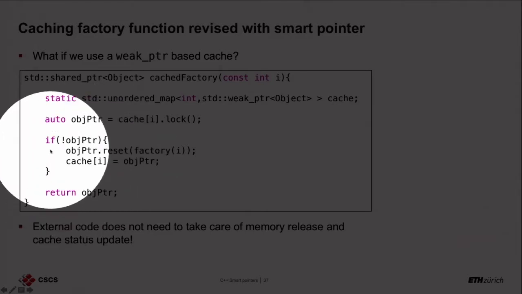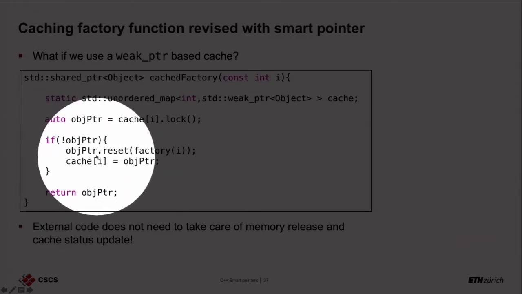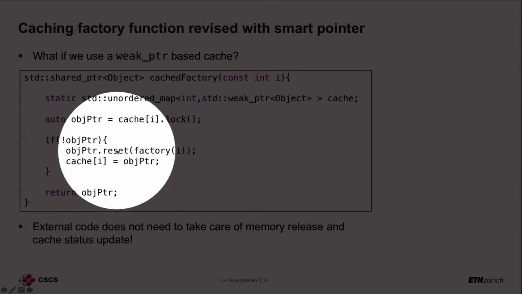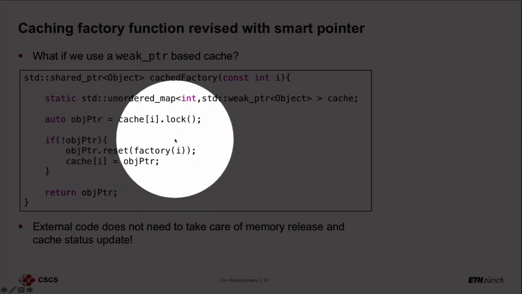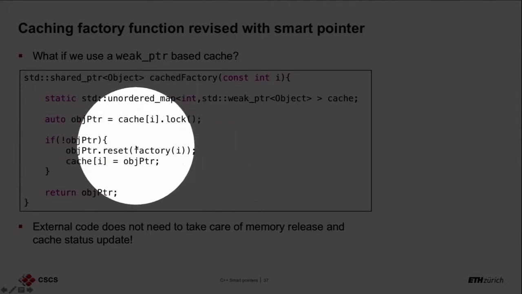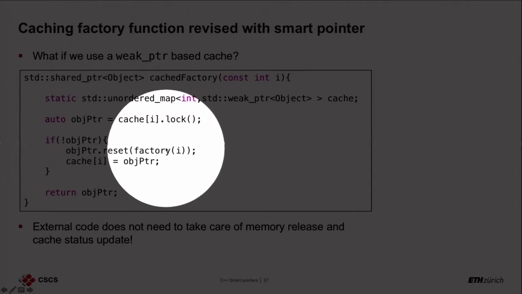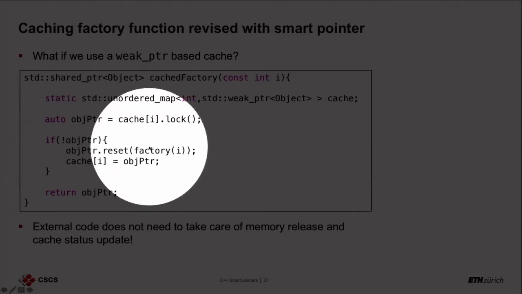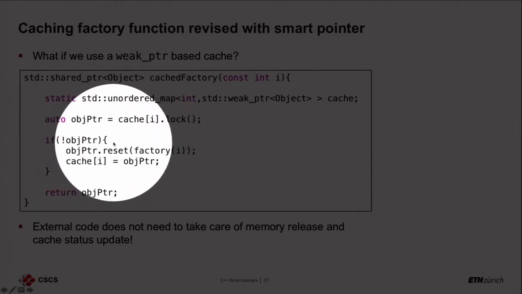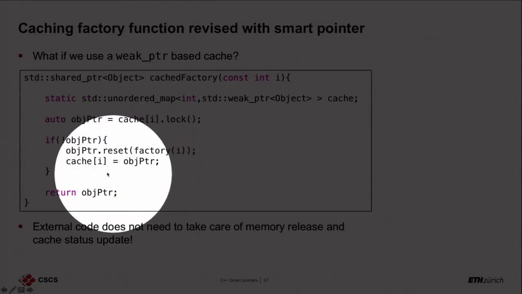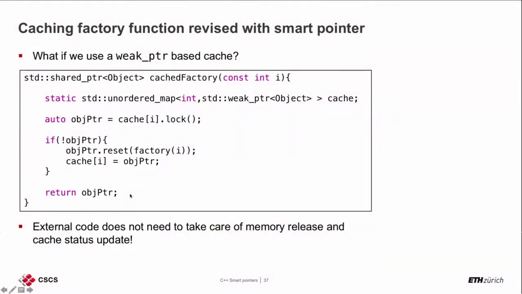You will enter this if block. The weak pointer will be reset from, let's say, a null pointer to a newly created raw pointer with this factory function that is the original one. The cache is updated with this new object, and then the new object will be returned. So everything is almost the same as before. We are just using weak and shared pointers instead of raw pointers.